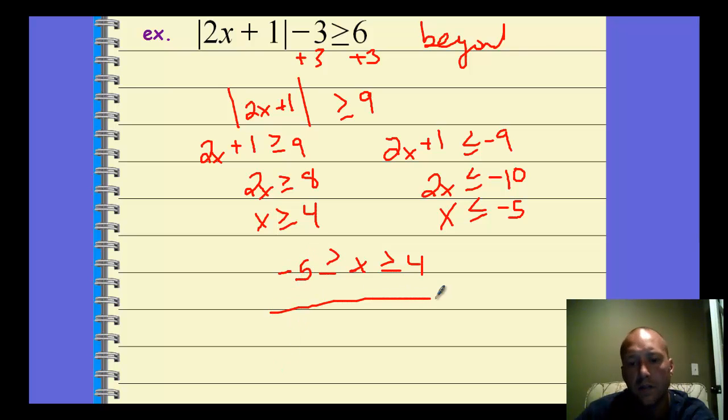If I wanted to graph the solutions, so we have x is greater than or equal to 4, and we have it less than or equal to negative 5. So this is again beyond, to the left and right of our endpoints.